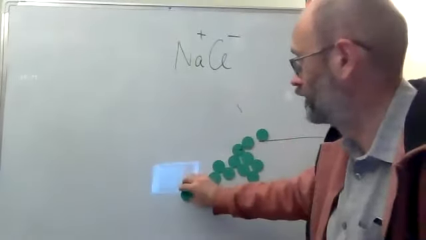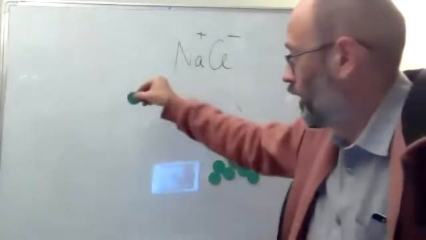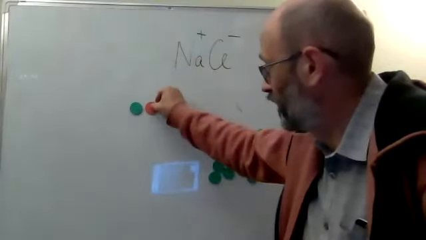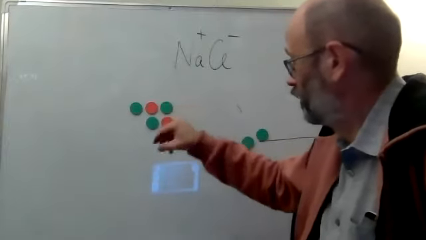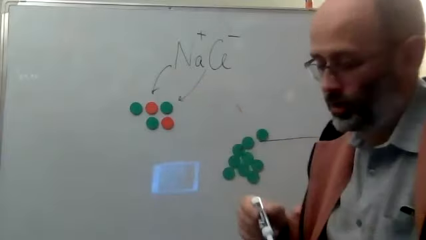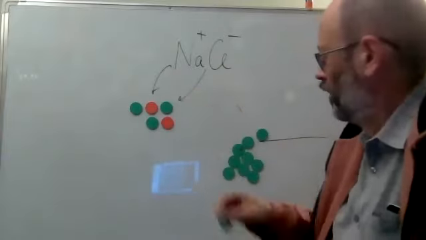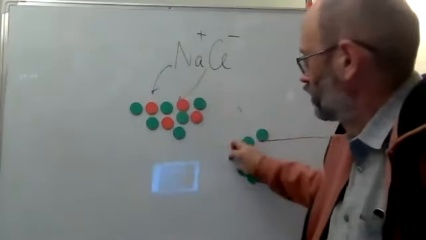So the crystal lattice, I'm showing the 2D example, but the 3D is a bit different, but the principle is obvious. The crystal lattice looks like this. Okay, this is sodium, this is chlorine. Each sodium atom is surrounded by negatively charged chlorine. Each negatively charged chlorine is surrounded by positively charged sodium.